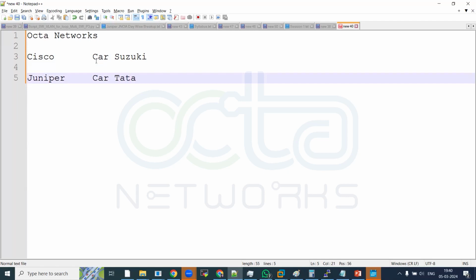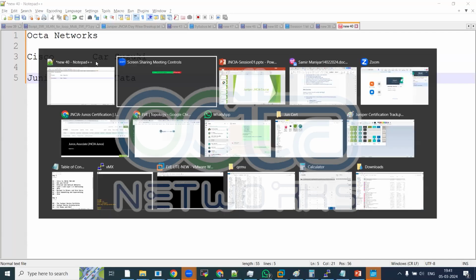Is it difficult? If you know how to drive a Suzuki car, you can drive a Tata car also. Or if you only know how to drive a Suzuki, do you think it is not going to help you? You got my point. This is how we learn in terms of getting knowledge also. If you know one thing, it's easy to get knowledge of other things also. I hope you got my point, right? This is how we are going to structure our training also.